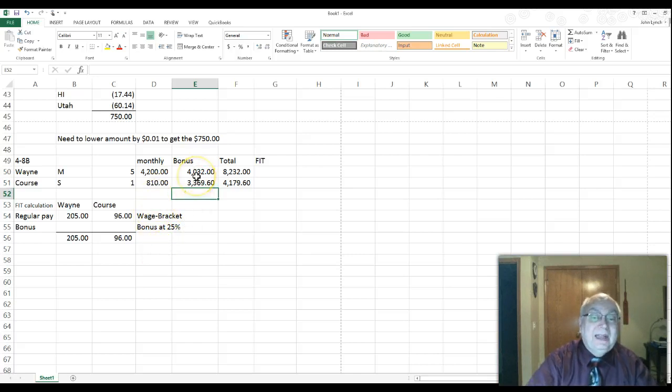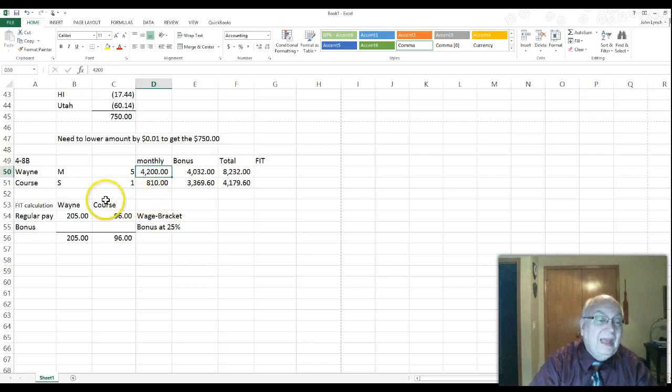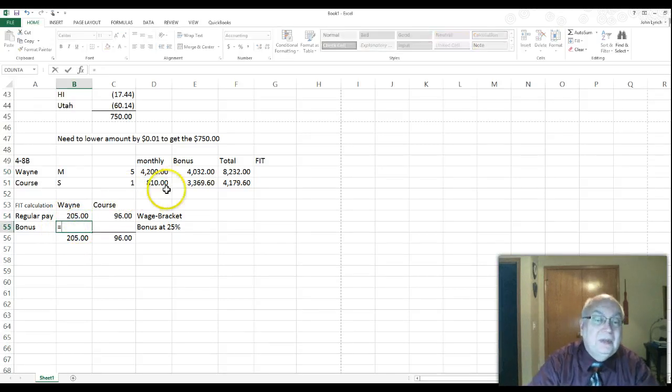Okay, now to calculate the federal income tax, which is what we want to do here, the first thing we do is we go to the wage bracket method, because we actually do two calculations. So we go to monthly for Wayne, and we look at the wage bracket method for the $4,200. If you do that, married with 5 exemptions, you see that that tax is $205. Then for the bonus tax, we take the $4,032 times 0.25.